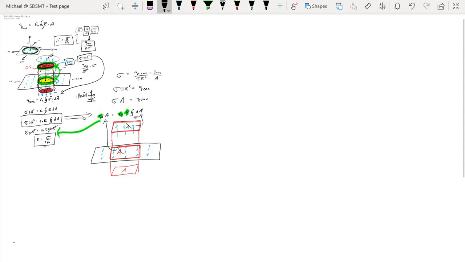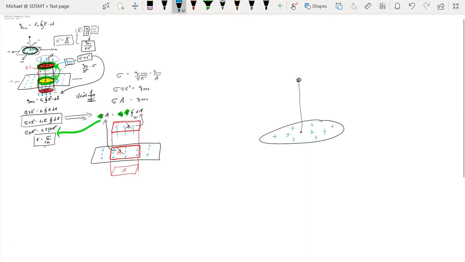Now you will notice that I did not actually use Gauss's law to find the electric field that is produced by a disk of charge. And that is because with a disk of charge, we do not have the luxury of all of the symmetry that we had with the infinite sheet of charge.